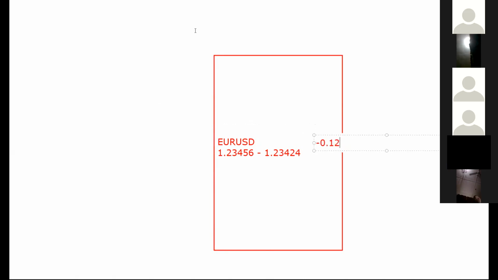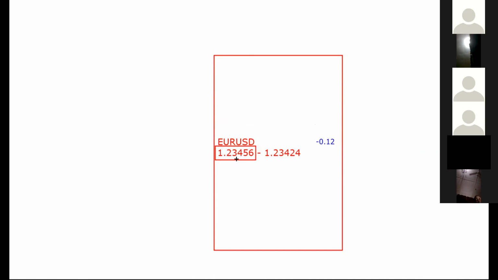Now, I'm sorry for people that already know about this, but it's important I explain for the newbies. This first number that you're seeing here, all right, that first number is your entry value.